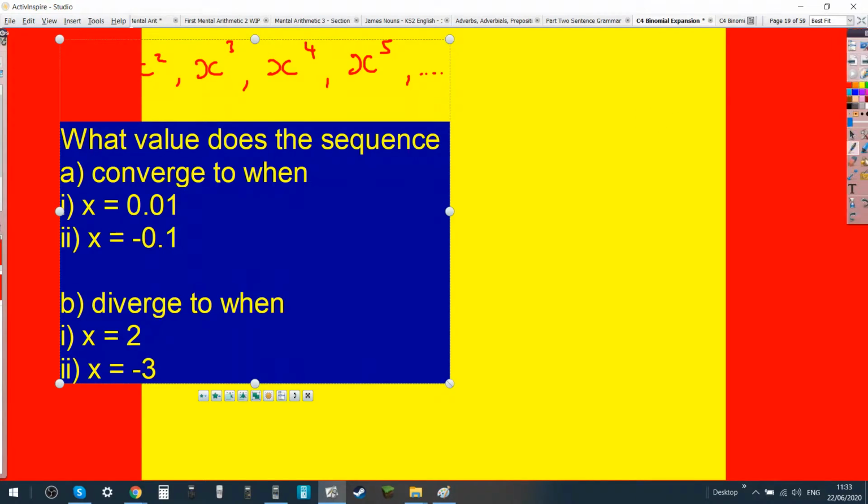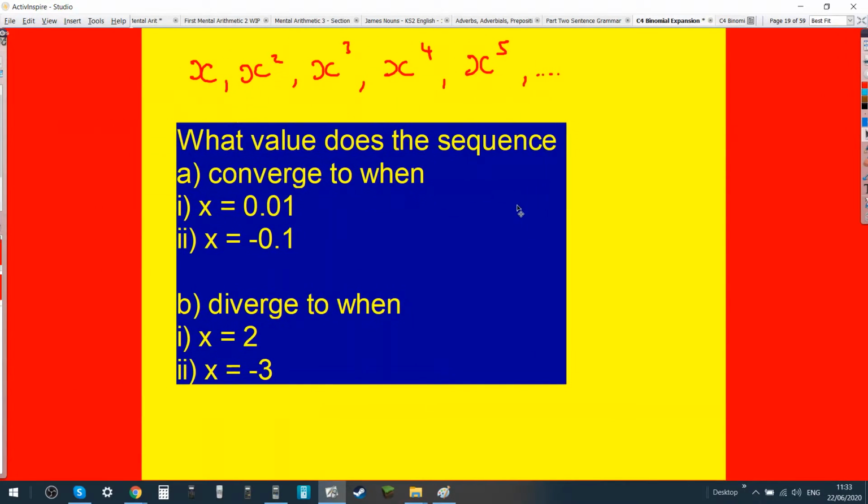Okay, how about this one? So do I just sub in 0.01 for each term? Yeah, so what would be 0.01 to the power of, let's say, 5?